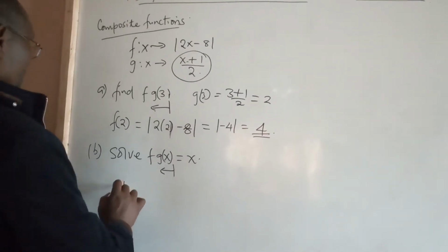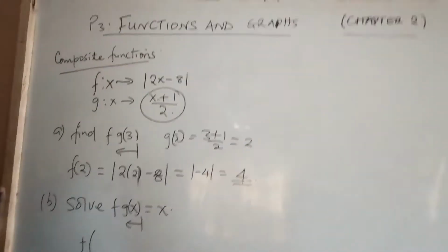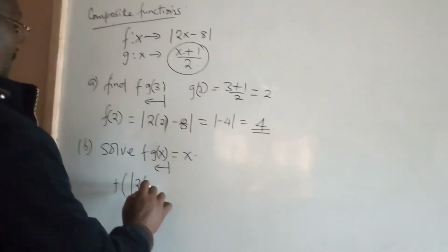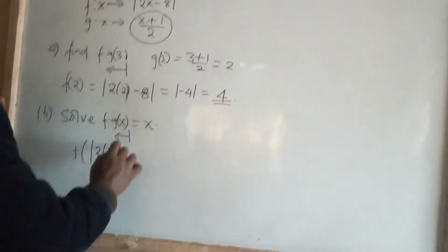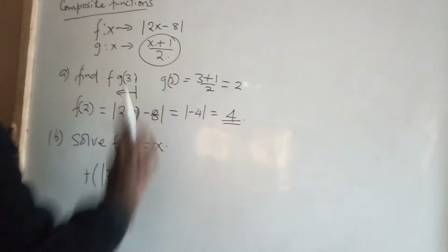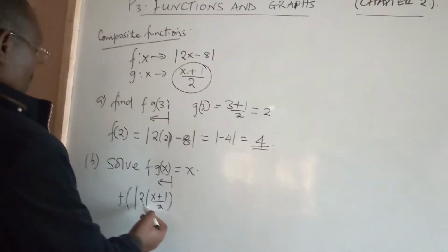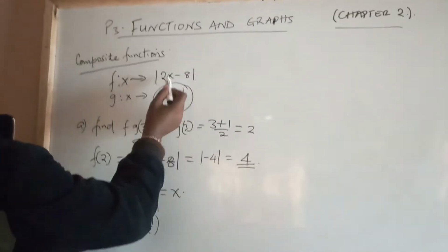So f, the solution after effecting x upon g, is going to be the modulus of 2 times (x plus 1) over 2, because g(x) is (x plus 1) over 2. Whatever the value of x is, multiplied by 2, because now we are affecting this solution upon the function f, which is this.